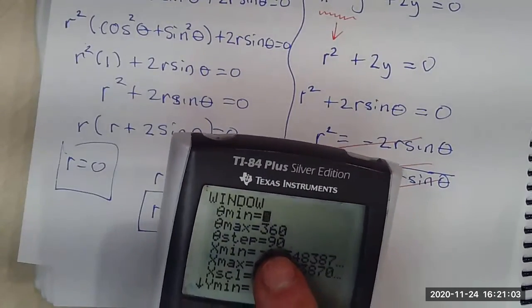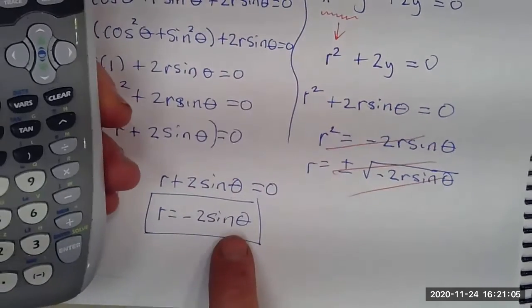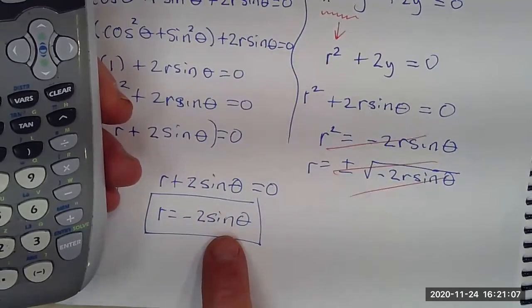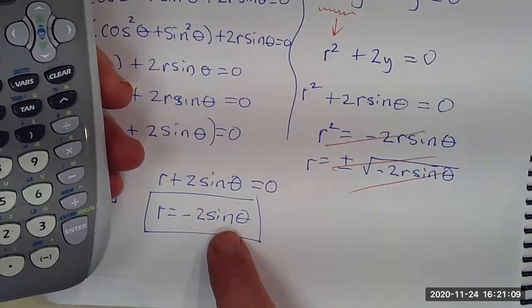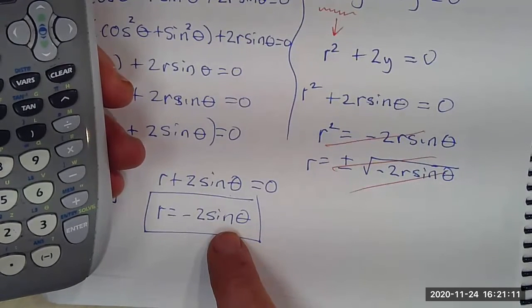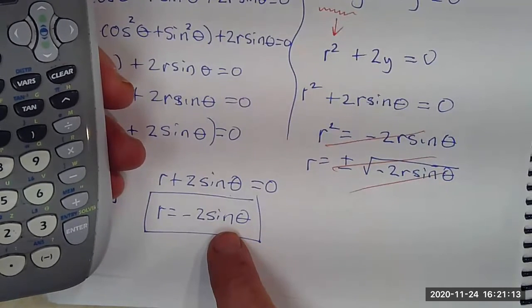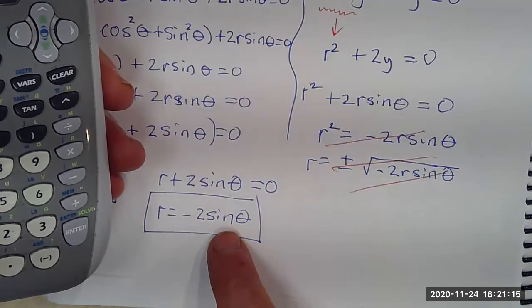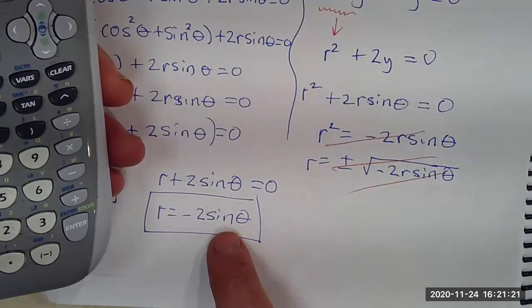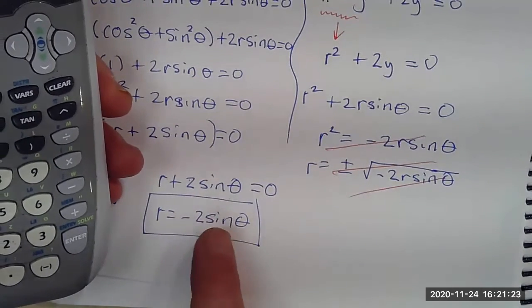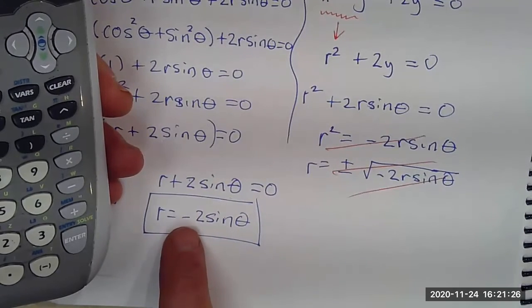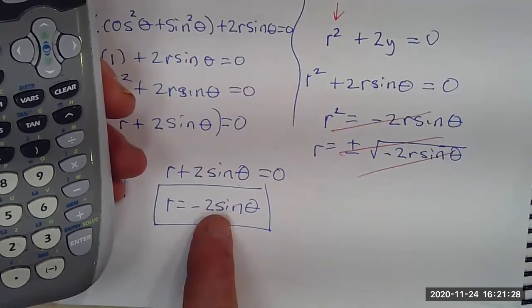Okay, every 90 degrees. What's the sine of 90? The sine of 90 degrees is 1. So now you've got r equals negative 2 times 1, which is negative 2.